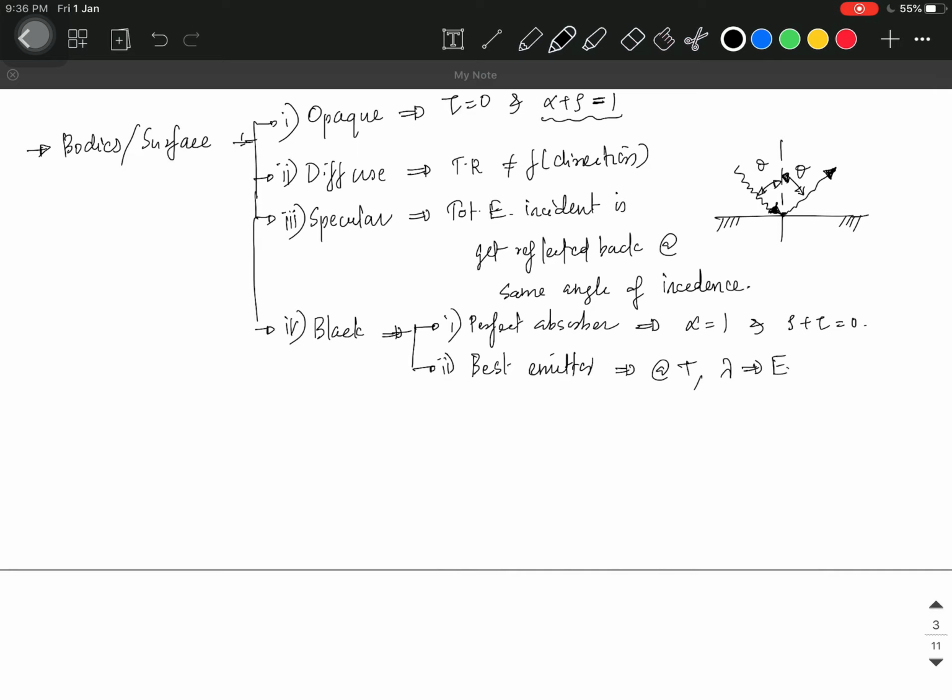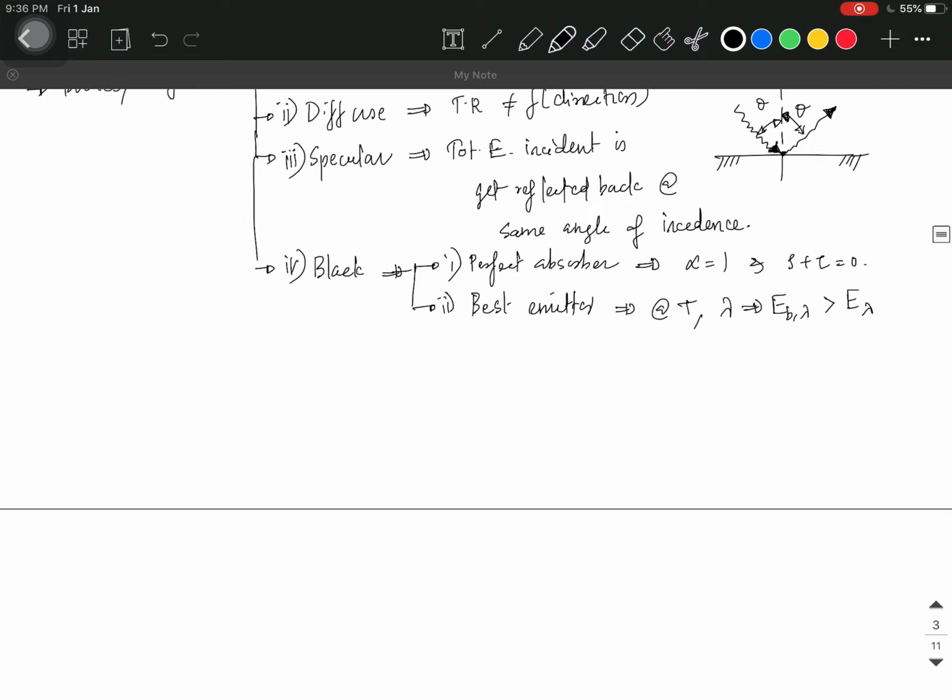This means that the emissive power of a black body for lambda at a particular temperature is always greater than the emissive power of all other surfaces at the same temperature.